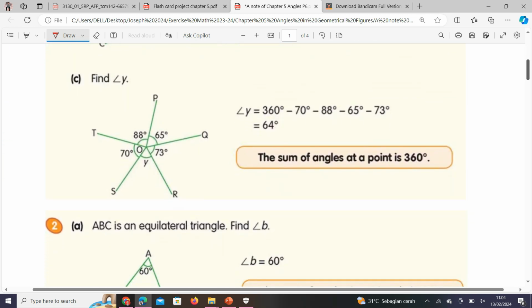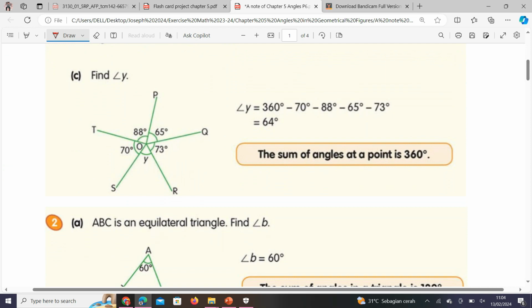In the next statement or the other law, 1C, find the angle of Y. To find the angle of Y here, you need to memorize this statement or this law. The sum of angles at a point is 360 degrees.